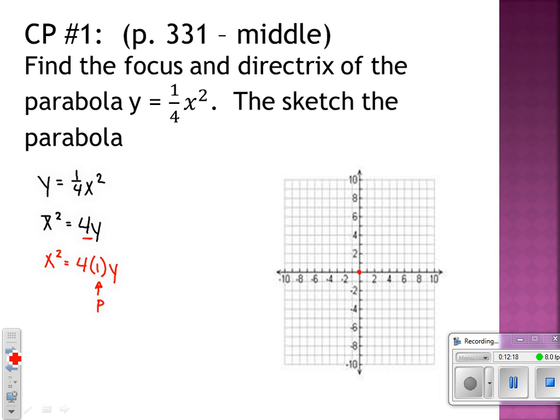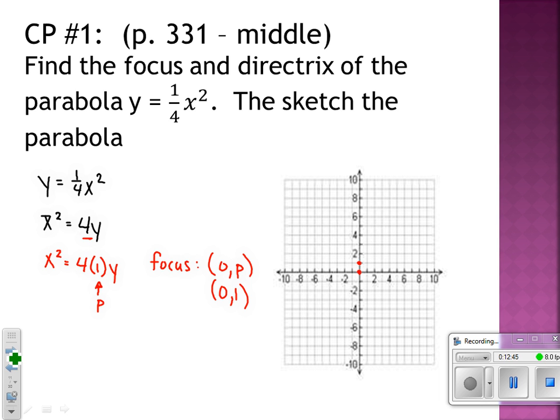Now the focus: I'm going to use that p value to come up with this point. My focus is going to be (0, p), right, from our previous slides. So (0, 1) is that focus point, which means if my focus is 1 up from my vertex, my directrix must be 1 down.